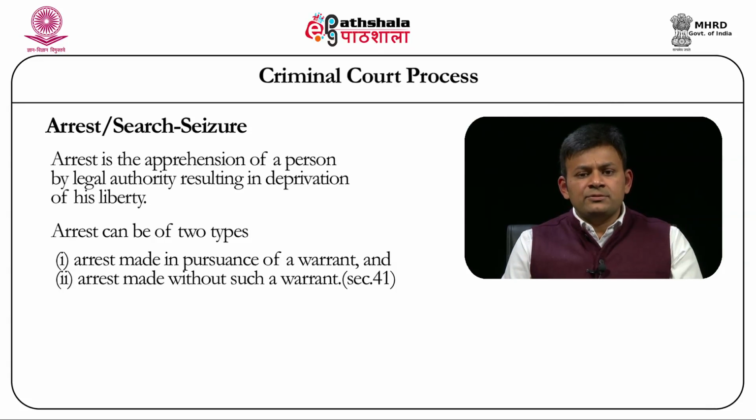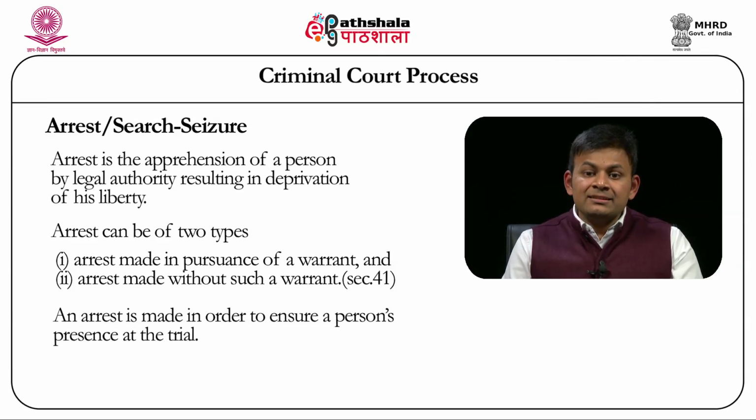The objective or the reason behind arresting a person is to ensure that that person is present to face the trial. If there is no threat that the person will run away, then there is no need to arrest that person.